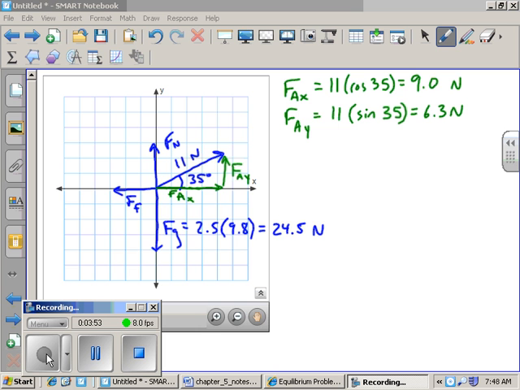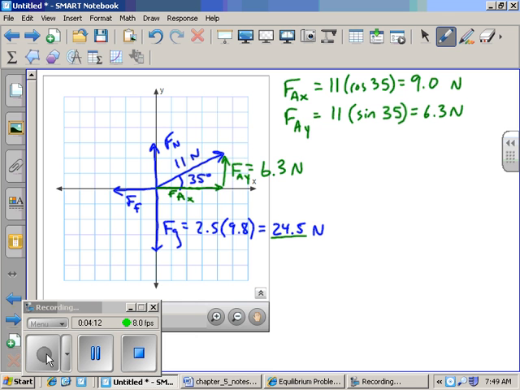Now let's visually inspect this and see, well, what does the normal force have to be then? Well, here we have 24.5 newtons acting downward, and we have 6.3 newtons acting upward. Well, this backpack isn't just jumping off the table, so the normal then is going to have to balance out whatever the difference is between 24.5 and 6.3. In mathematical terms, the sum of the forces in the y direction has to be equal to 0.